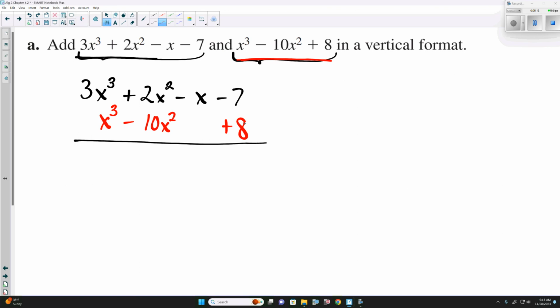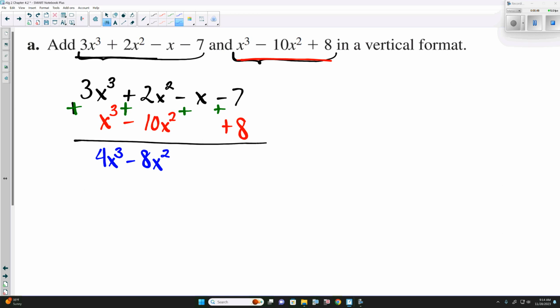If the top one had been missing a term, we can just leave a little bit of a space so that we're not misaligning them. This helps us to combine like terms. And again, we're going to add the two together. So we can just go down the row. 3x cubed plus x cubed is 4x cubed. 2x squared plus negative 10x squared would be negative 8x squared.